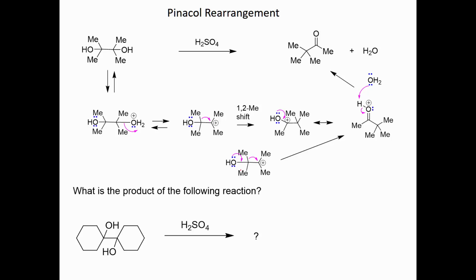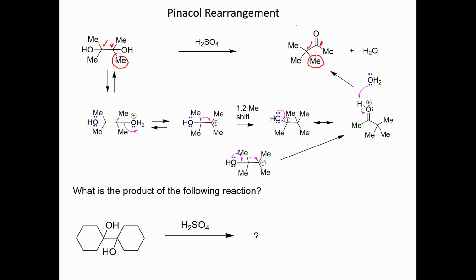The reaction of this type of 1,2-diol with a strong acid like sulfuric acid results in a process where one of the methyl groups, we'll just say this one hypothetically, is now bound to the other carbon.